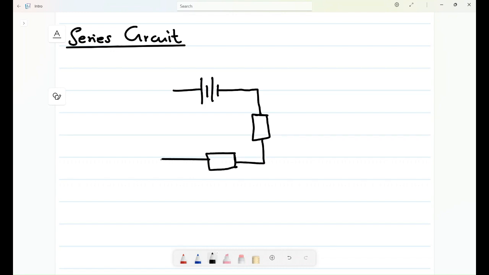Let's just put another resistor. All right. Now let's call this V, and let's call these R1, R2, R3.